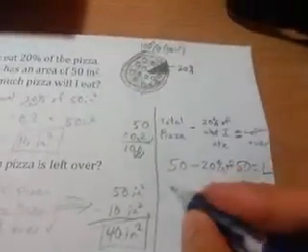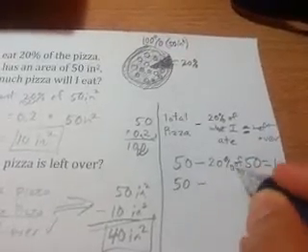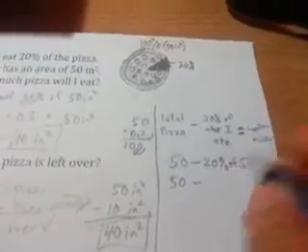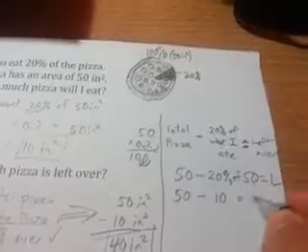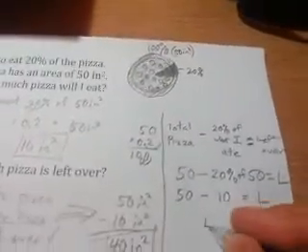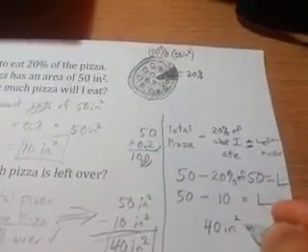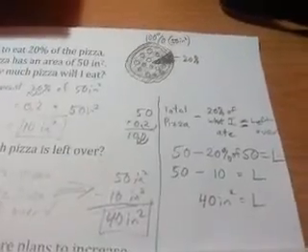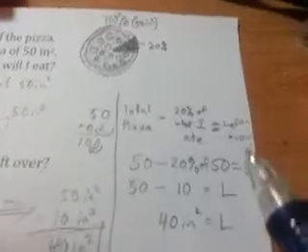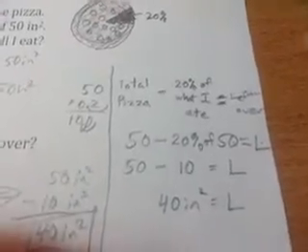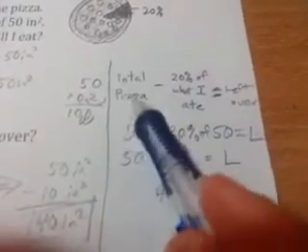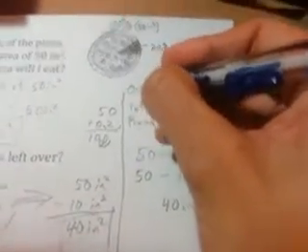So we already did this. We said 50 minus, what's 20% of 50? It was 10. And that will give me my leftovers, and therefore I get my 40 inches square as my leftover. So here's the recipe for writing equations for percents. I start with the total, or the original amount. So I'm going to write that down, original.